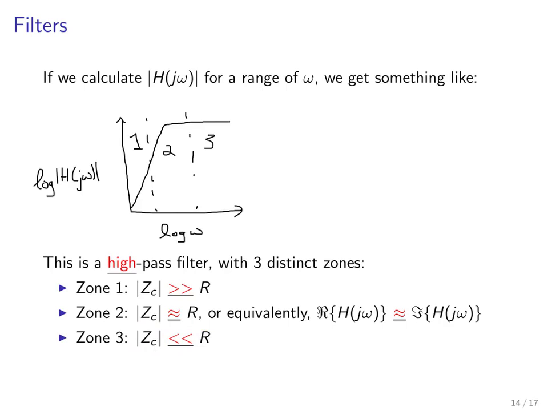One other thing I'd like to note is that zone 1 on this log-log plot looks very linear, right? And you can actually see that from the transfer function of this circuit.